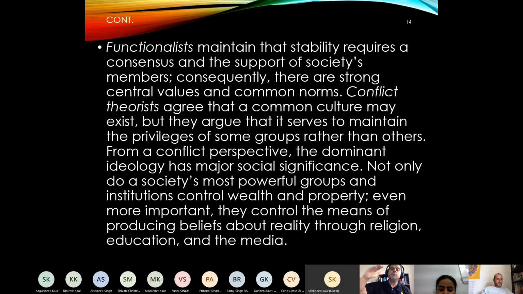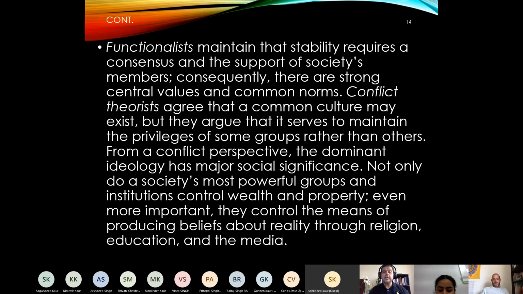If you have a building that is cube shape or cylindrical shape or pyramid shape, this is called structure. So both functionalism and the conflict theory belong to a bigger umbrella school called structuralism.